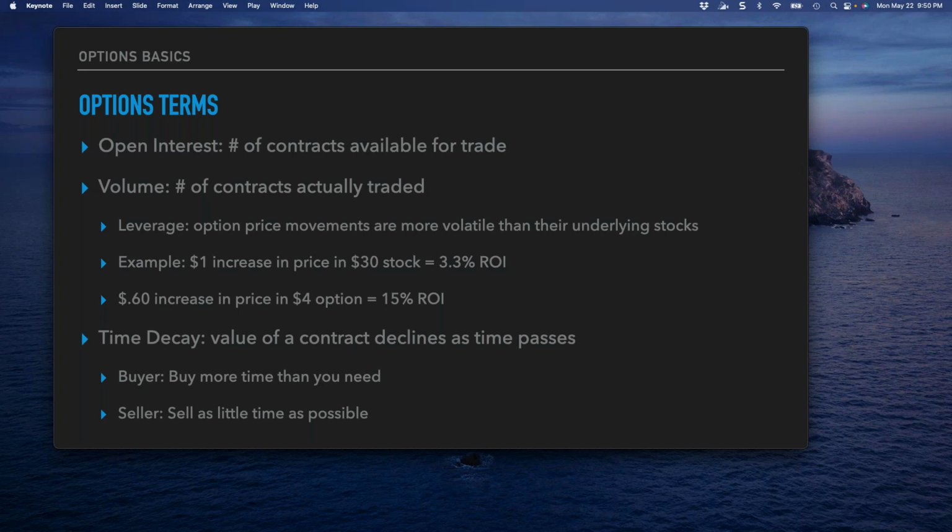The other aspect of open interest and volume that is important to note is that the highest levels of both items are often on the most speculative or risky option contracts available. In an option chain, you'll often see the highest trading volume and open interest with out of the money contracts that are multiple strike prices away from the stock's current price.